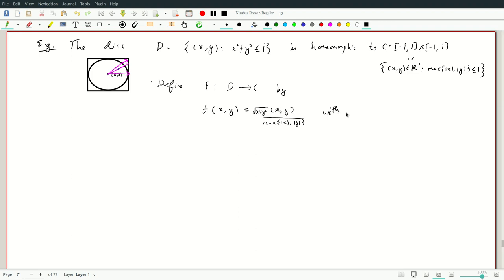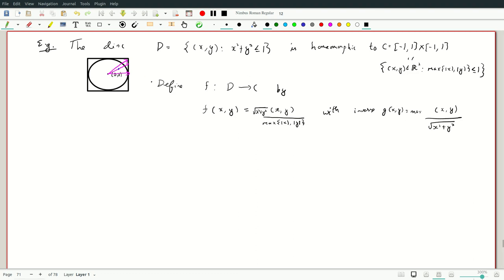And if you wish, you can just write the inverse, g of (x, y). Well, here the situation is the opposite. We want to normalize. If we were sending it to the circle, we'll divide it by the square root of x squared plus y squared. But in general, we are looking at a point in the square, and if it's not on the boundary, we want to go only part of the way to the boundary here.